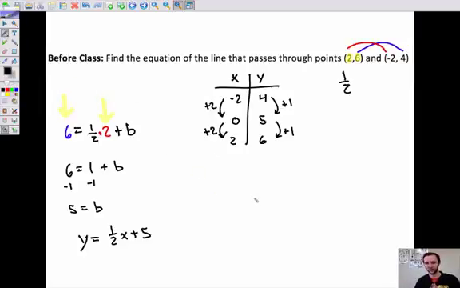So pick a method that works for you. Pick the one that you think you understand the best. I would say that probably the table is kind of most intuitive, kind of makes most sense in your brain, the way that you've learned math so far.